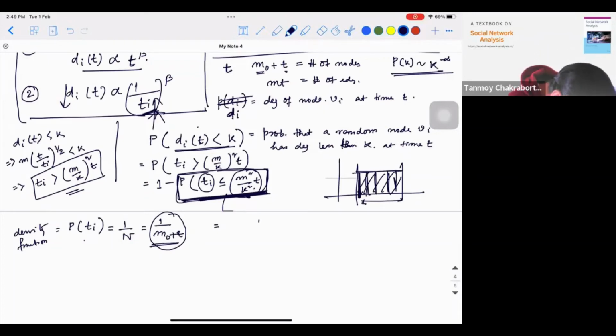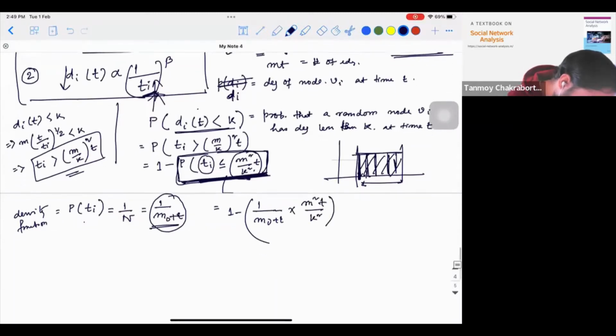So this would be 1 by 1 minus, okay, 1 by m0 plus t into m square t by k square. Okay, these two things are same.